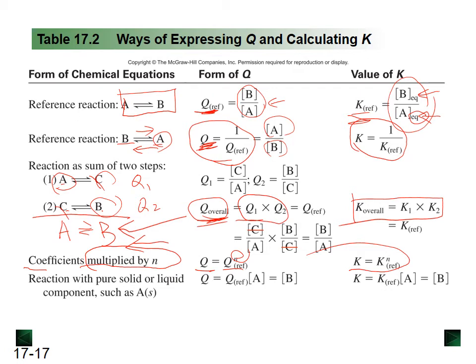Now, if a reaction involves pure solid or pure liquid, we should omit the solid and liquid in the reaction quotient and equilibrium constant. So we only include gas phase or aqueous solution in the equilibrium constant or reaction quotient.